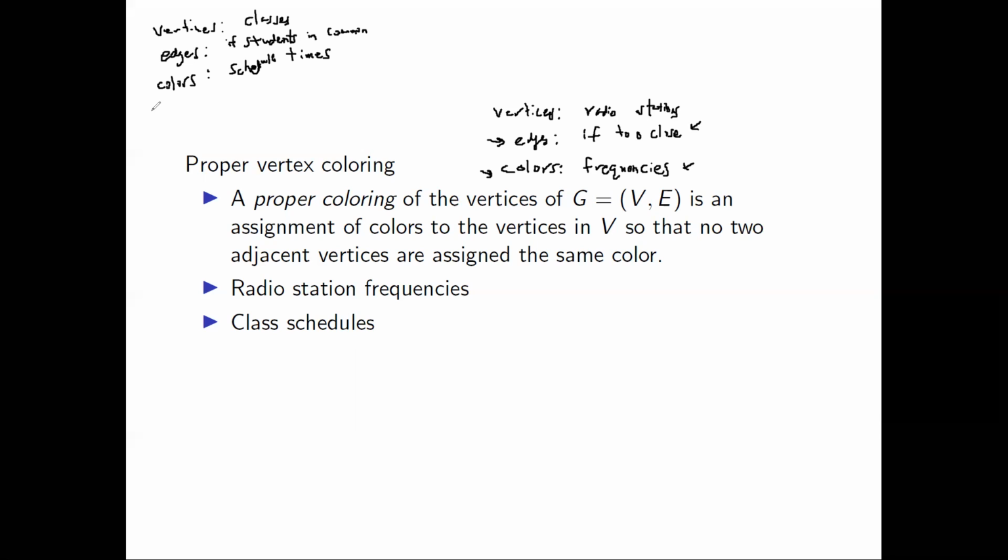In general, when we're doing proper colorings, we want to make the number of colors as small as possible. And in these situations, that's making the number of schedule times as small as possible for the class schedule situation. And that's making the number of frequencies as small as possible for the radio station situation.